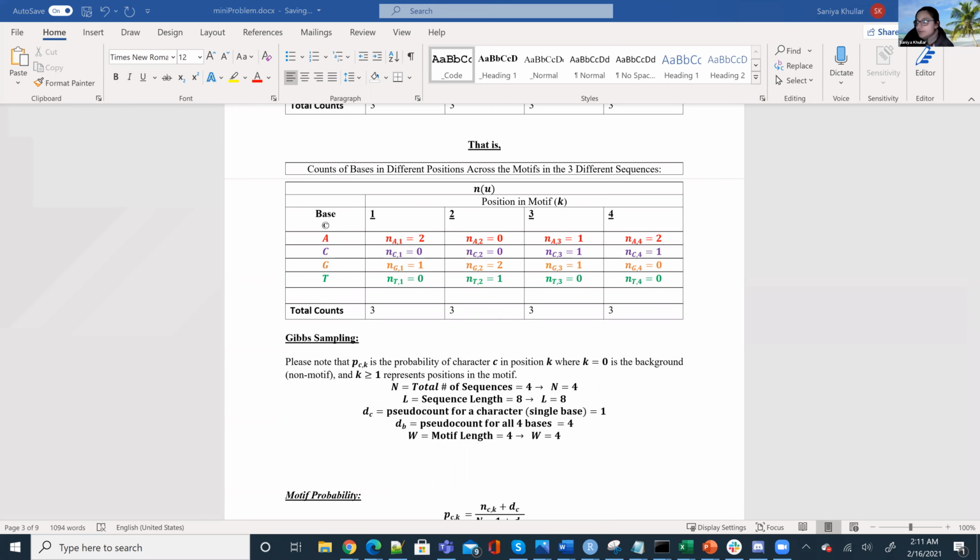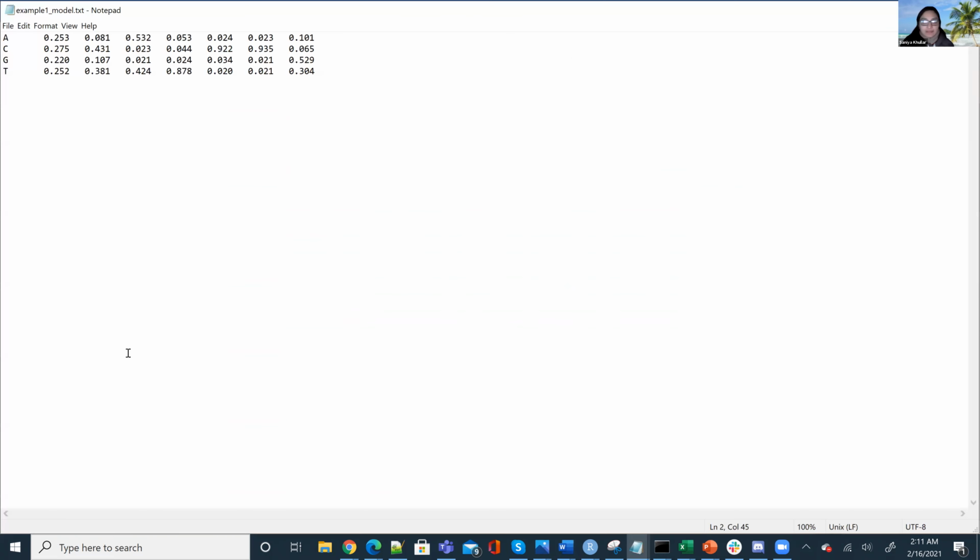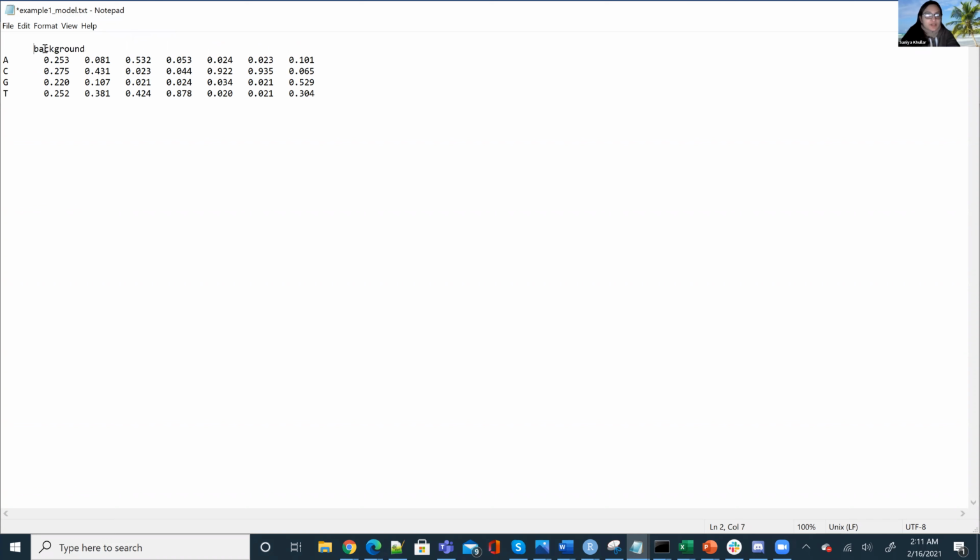So for instance, what you're going to see in the homework assignment results is that we are often given a probability weighted matrix where this first column is our background. So this is pretty much our K equals 0. I'll just write it on top, K equals 0. And this is position 1.